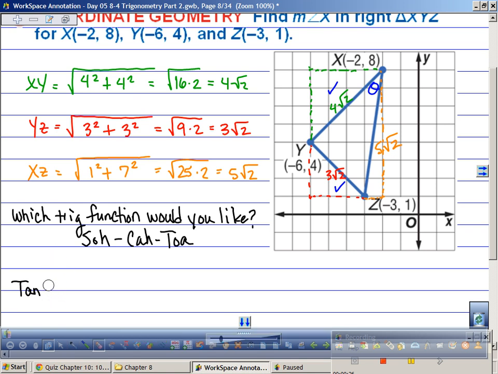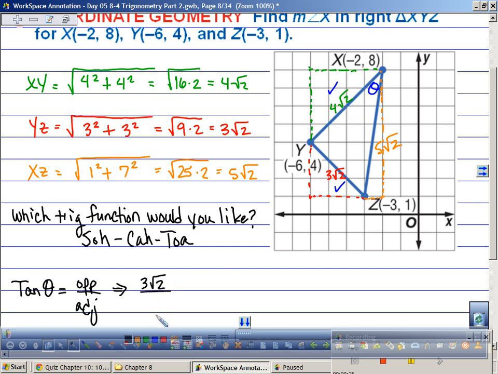So the tangent of theta is equivalent to opposite over adjacent. Correct? Everybody with me so far? That's what you guys chose to use, opposite over adjacent. So my opposite side is 3 root 2.